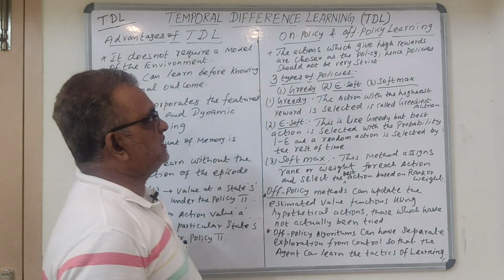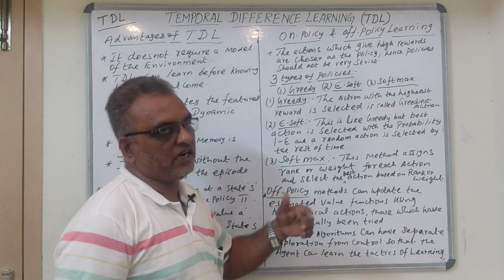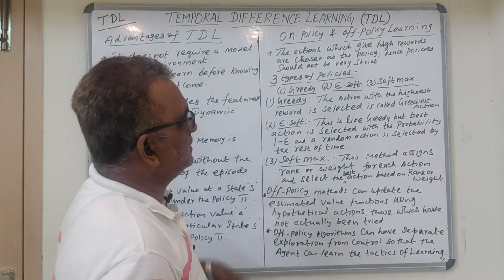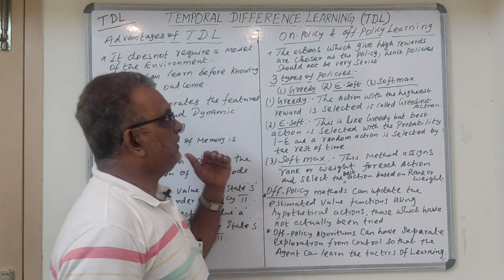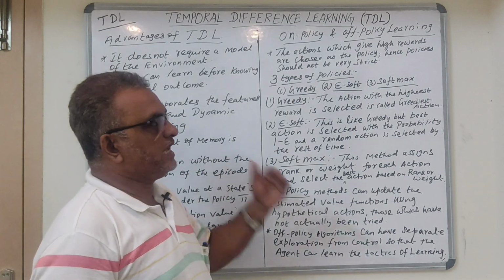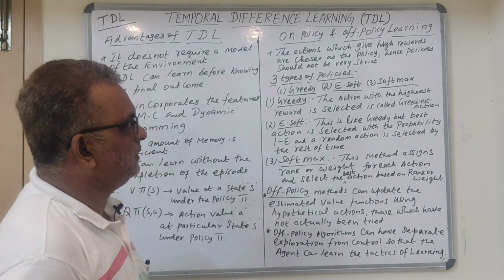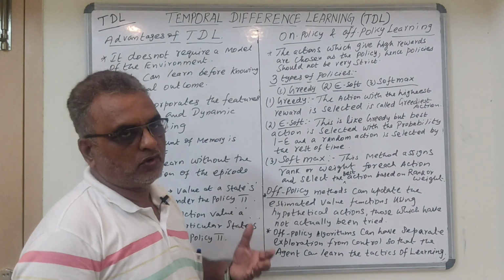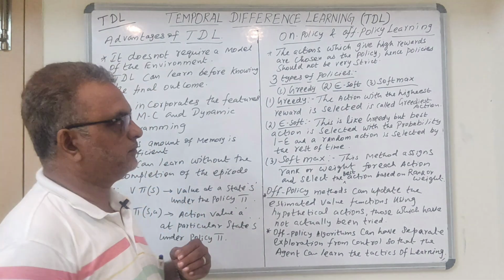Now let us discuss on-policy and off-policy learning. The actions which give high rewards are chosen as the policy. Hence, basically the policies should not be very strict.